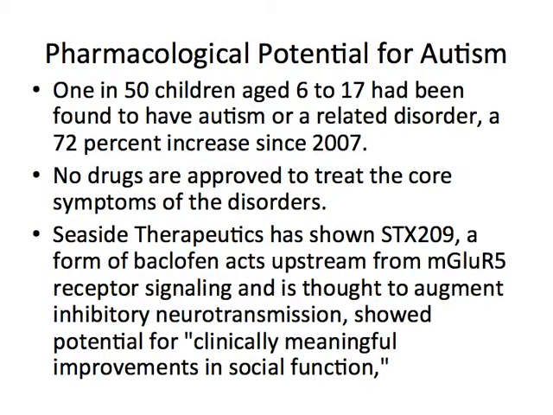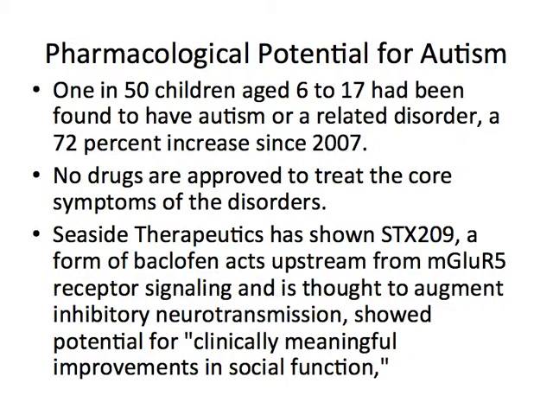1 in 50 children aged 6 to 17 have been found to have autism or a related disorder. That's a 72% increase since 2007. And currently there's no drug approved to treat the core symptoms of the disorders.